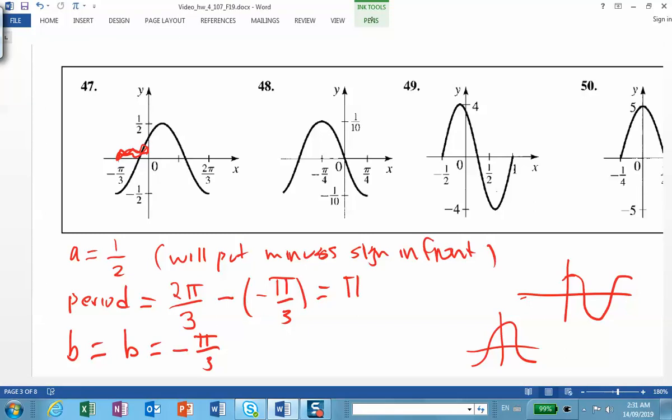Not too many b's here. Okay, good. So let's go ahead and work it out. Let me erase the stuff that I don't want here.